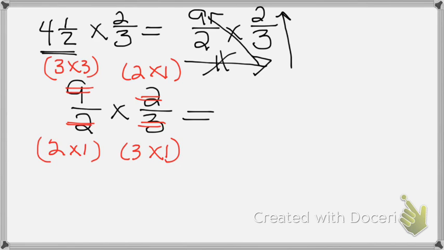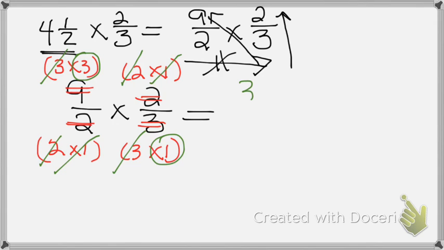Then I go back and cross. What can I cancel by crossing over the fraction bar? Well, there's a 2, there's a 2. Here's a 1, there's a 1. Here's a 3, and here's a 3. And so all I am left with is this 3 and that 1.